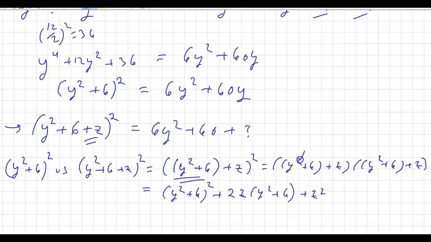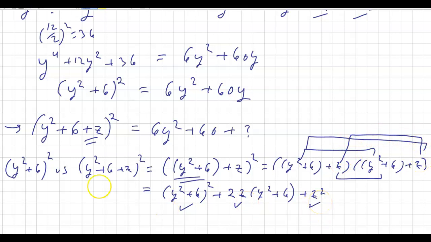So if you do so-called FOIL, you get y squared plus 6 squared. Here is z times y squared plus 6, and here's another z times y squared plus 6. That's where the 2z times y squared plus 6 comes from. And the L is z times z, is z squared. So notice that y squared plus 6 plus z squared is this much bigger than y squared plus 6 squared, without the z squared.